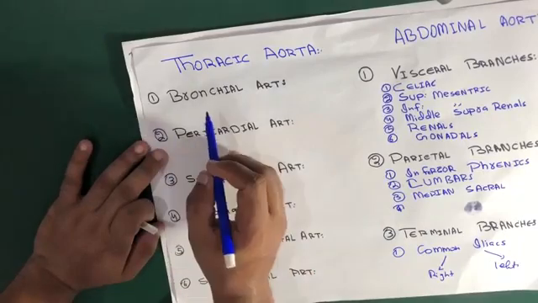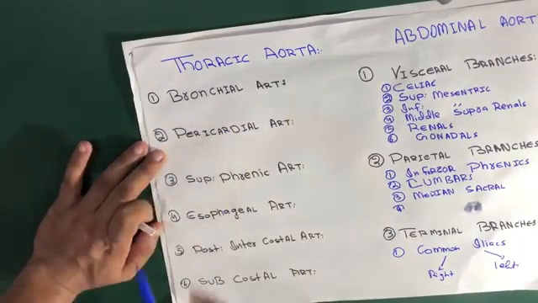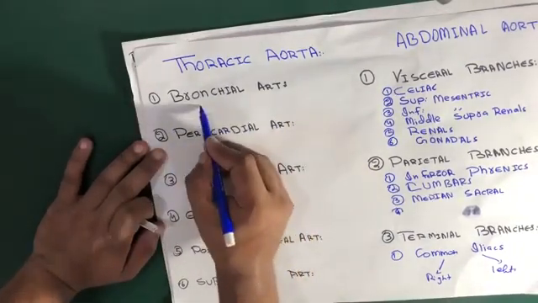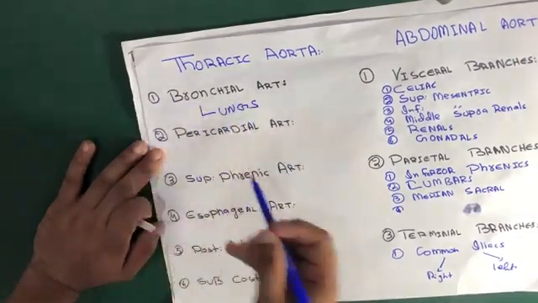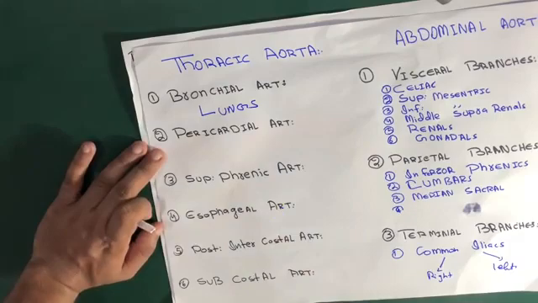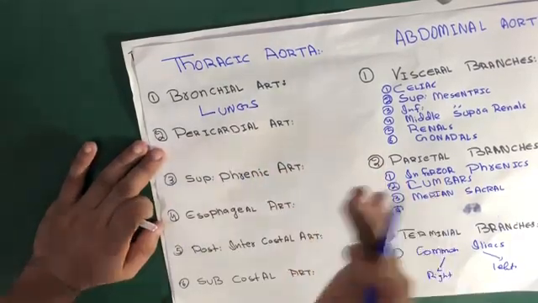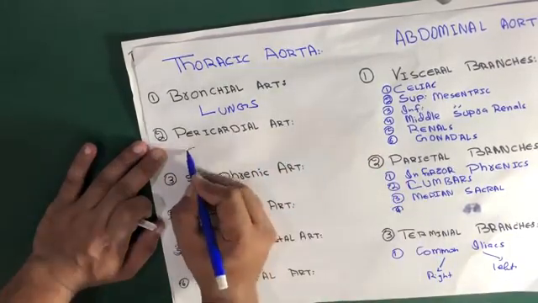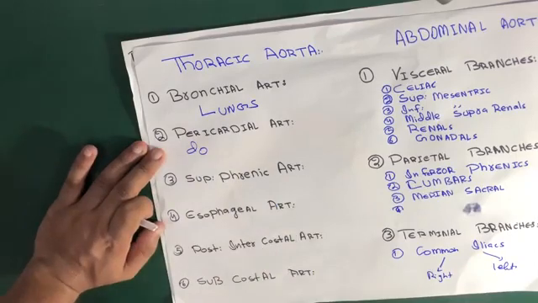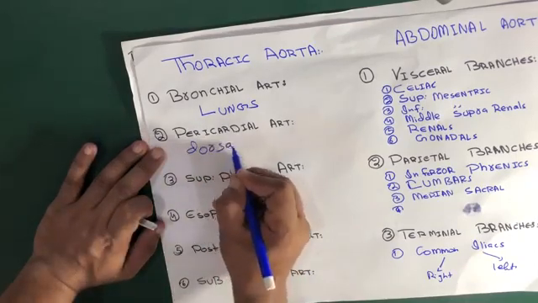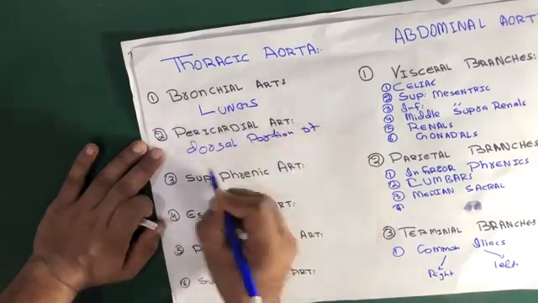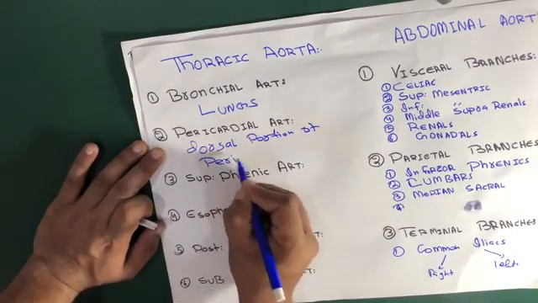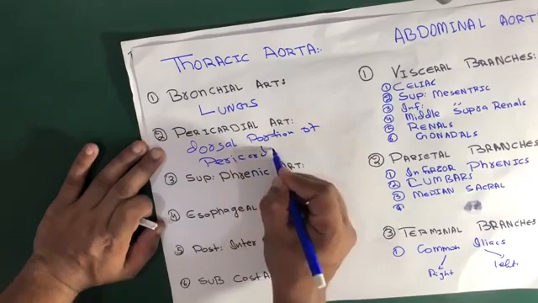The bronchial artery, as the name suggests, supplies the lungs. And what about the pericardial artery? You guessed it right. It supplies the dorsal portion of the pericardium.